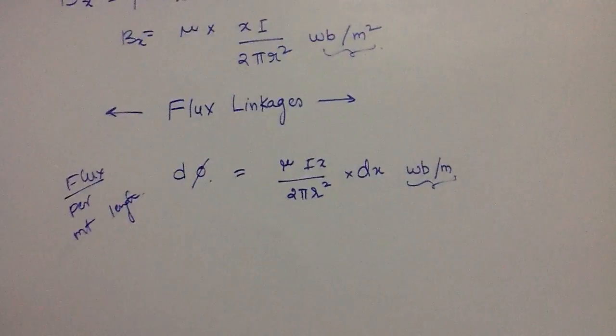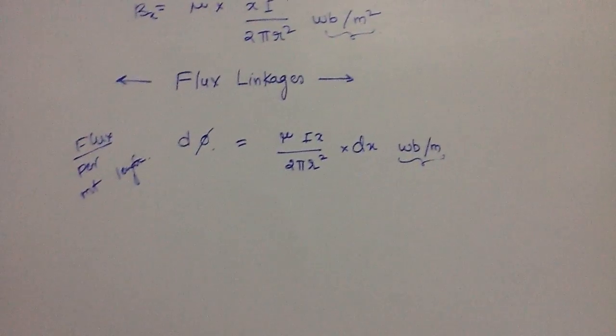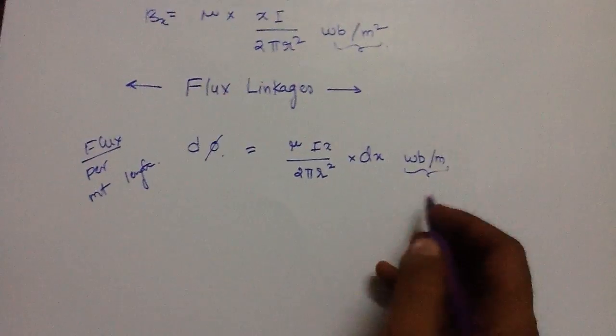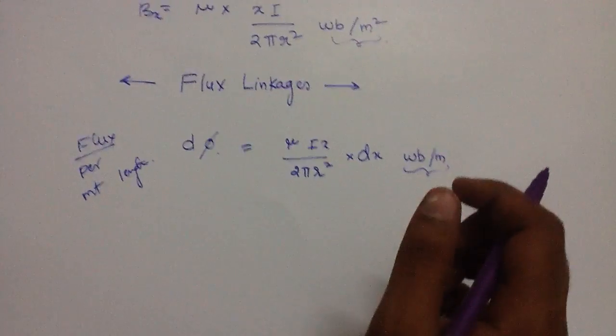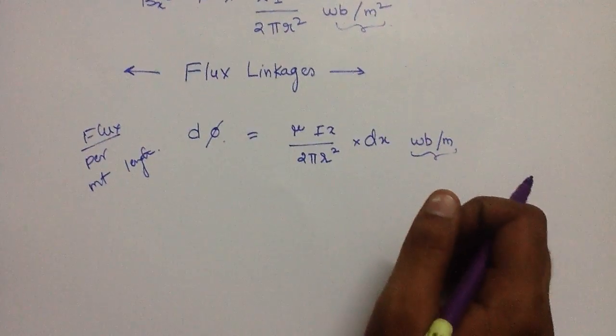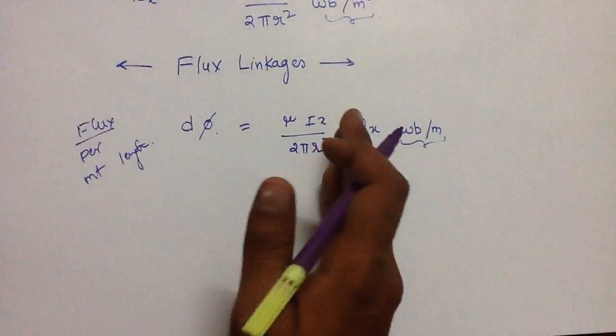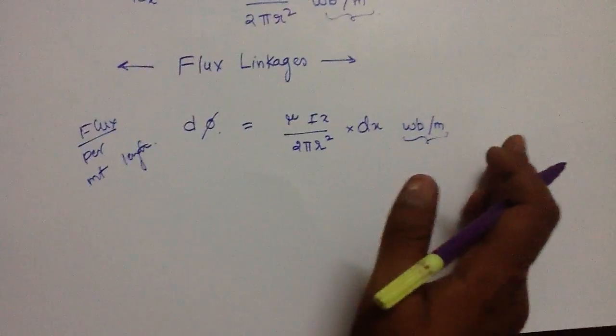So this is the flux per meter length. Now we know that the flux linkage, which is what we want, you know what a flux linkage is, the surface area multiplied with so and so stuff.